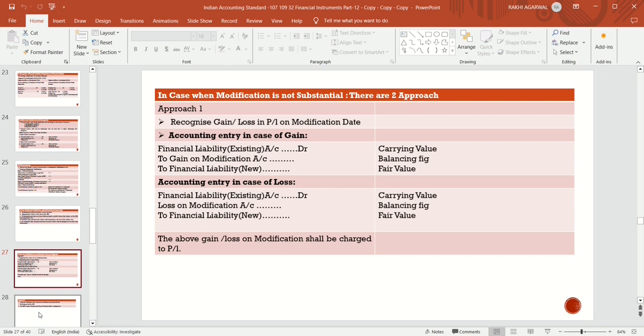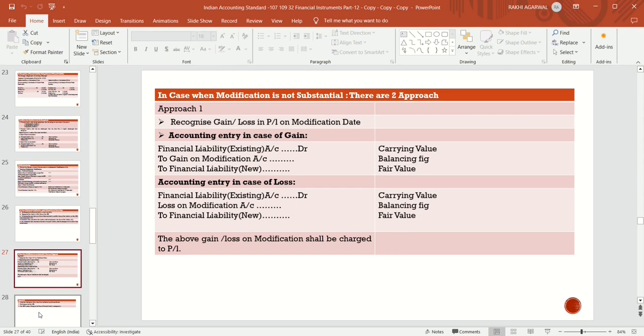Now, in case the modification is not substantial, that is modification accounting, there are two approaches. The first is to recognize gain or loss in P&L on the modification date.